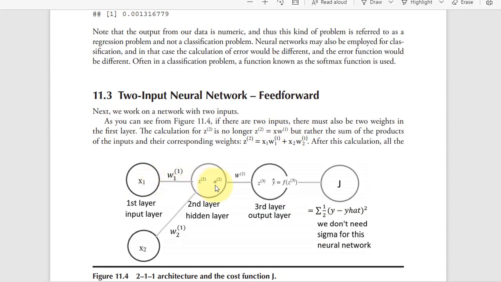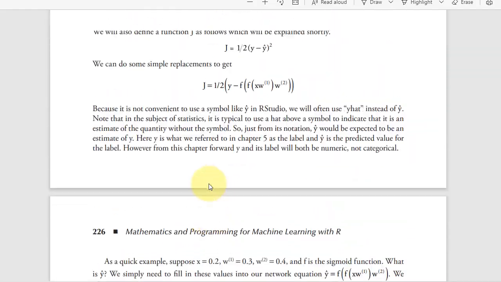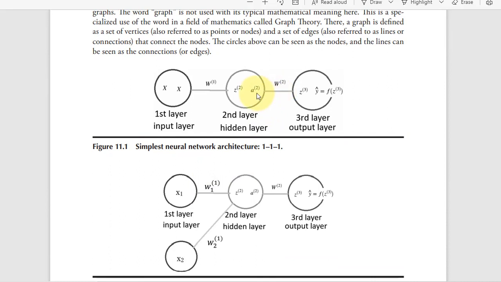Here, where does this A2 come from? We didn't explain that yet. And the same thing in the simplest picture. Where does this A2 come from? We talked about where this comes from, and so on. But we haven't explained this.